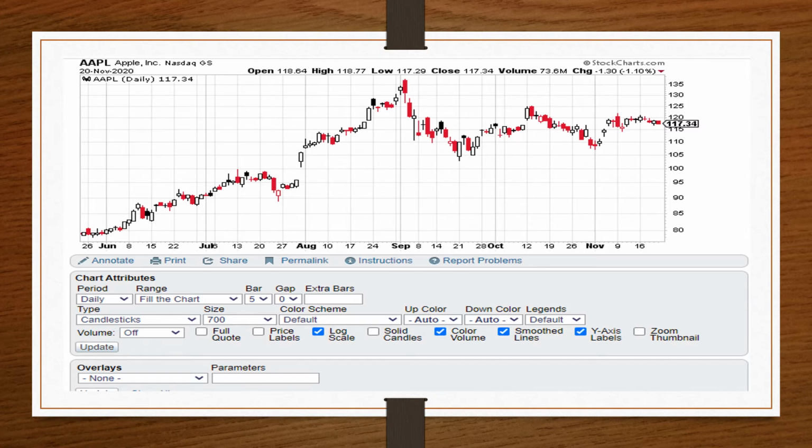You can get this for free on the interweb. This is a candle chart. You can see down here you've got drop-down menus that you can add the various attributes you may want on your chart, and we're going to take a look at the finished product and what I use.